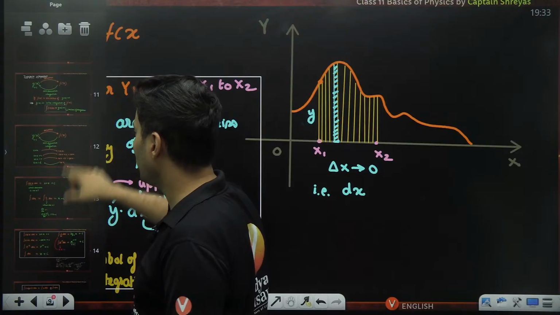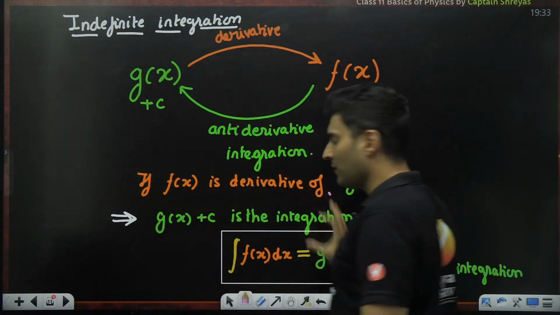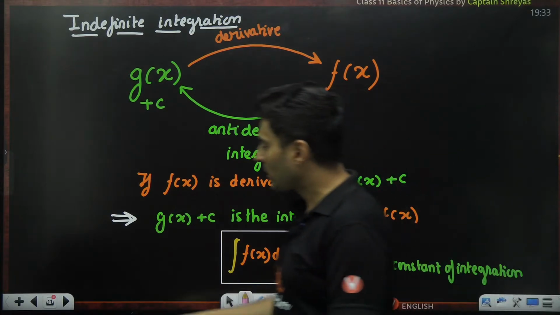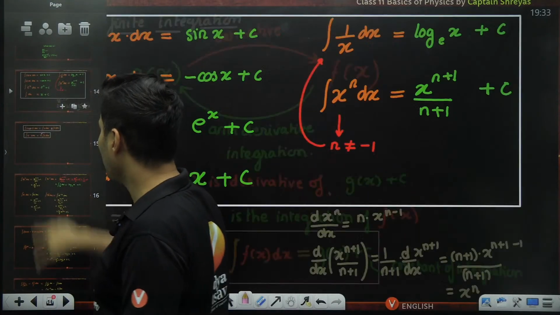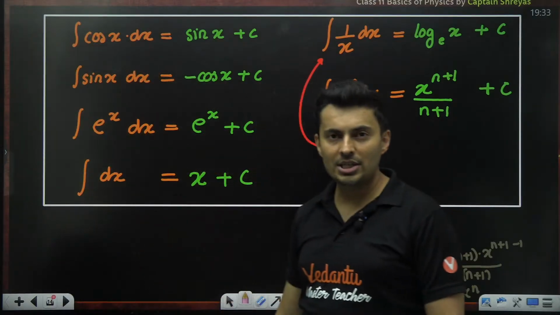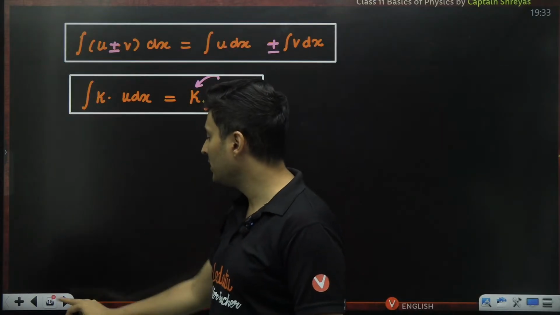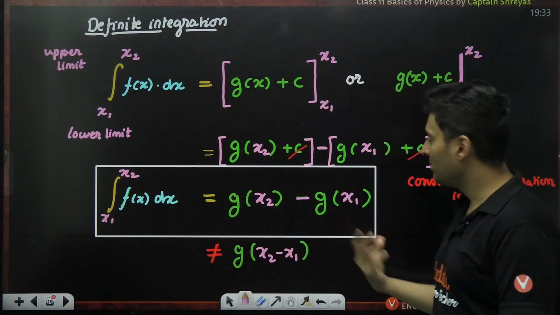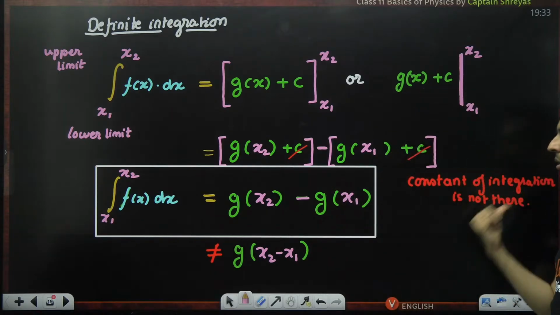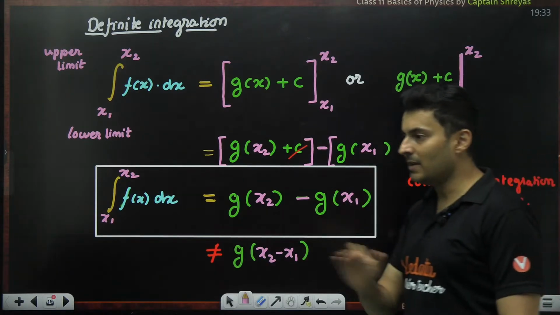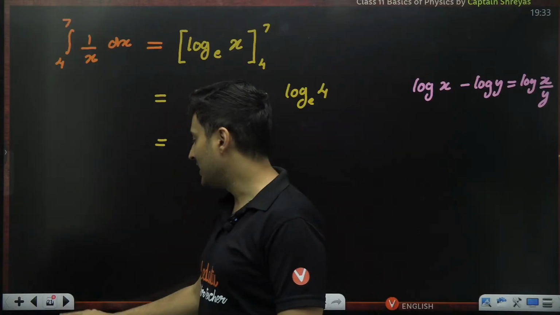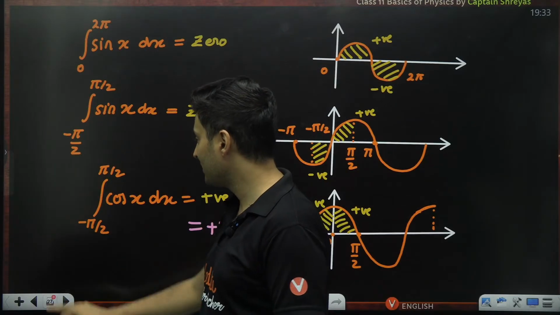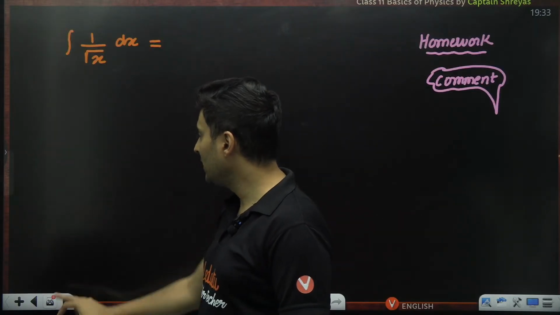To see the formula for definite integration, we started off with indefinite integration, where you always have a constant of integration. Then we slowly saw the formulas for all the different functions. We saw how to integrate these functions with different rules. Then we switched over to definite integration, which does not have any constant. That constant gets eliminated, and definite integration gives me the area under the curve in all these cases. So that was your basics of integration, my dear students.